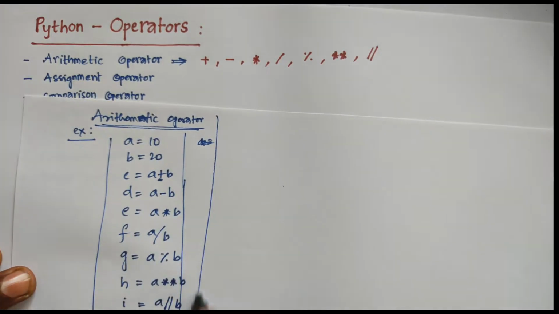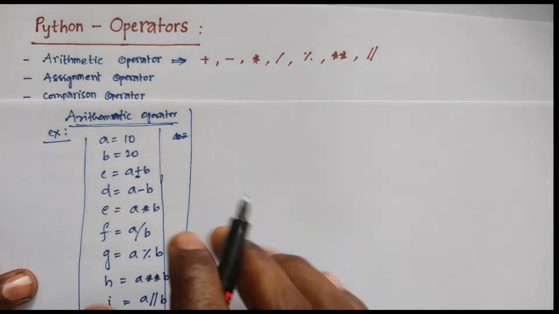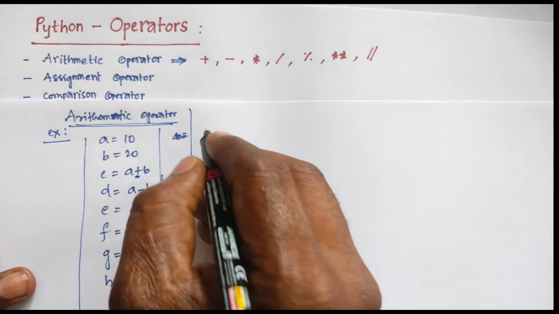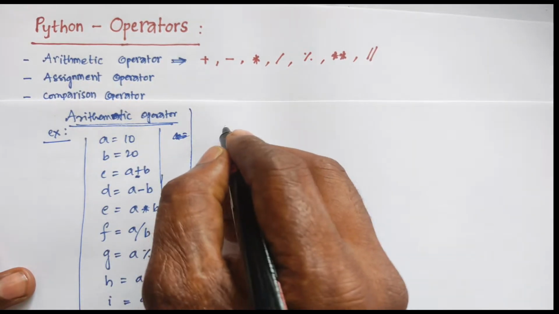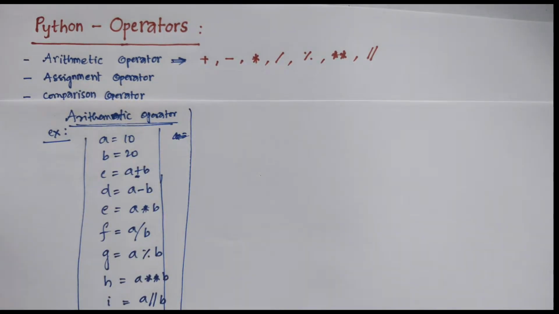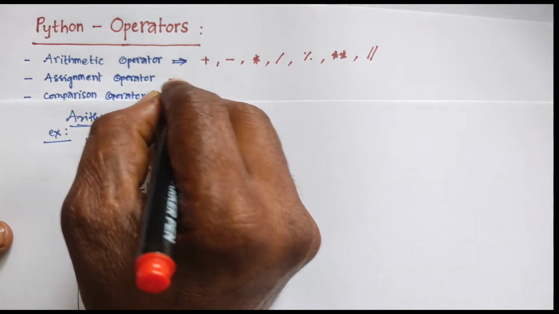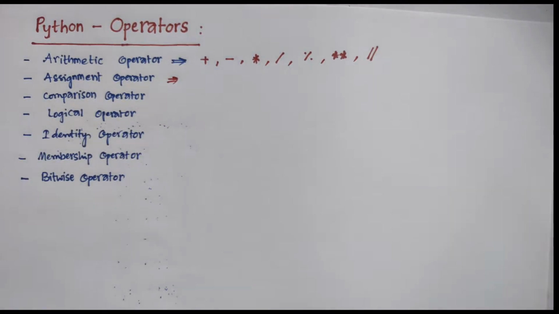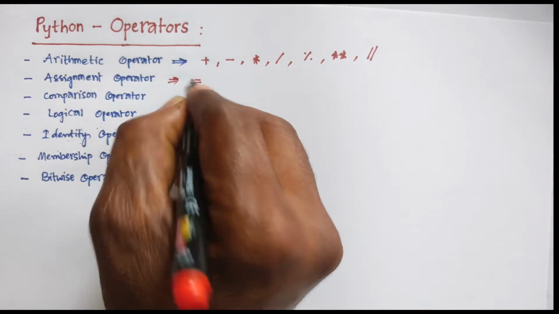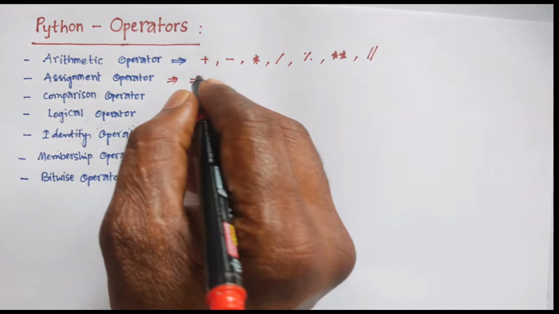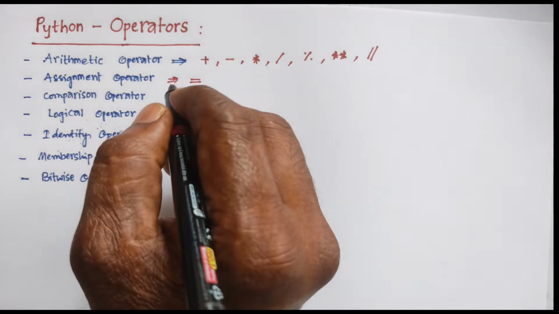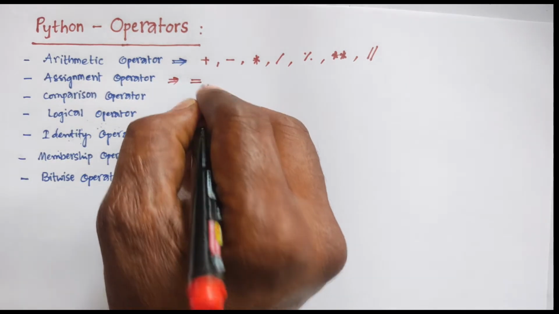Okay. Next one is assignment operator. In assignment operators, we have the equal symbol. Equal indicates, for example, x is equal to 5, b is equal to 10, like that you can represent this.